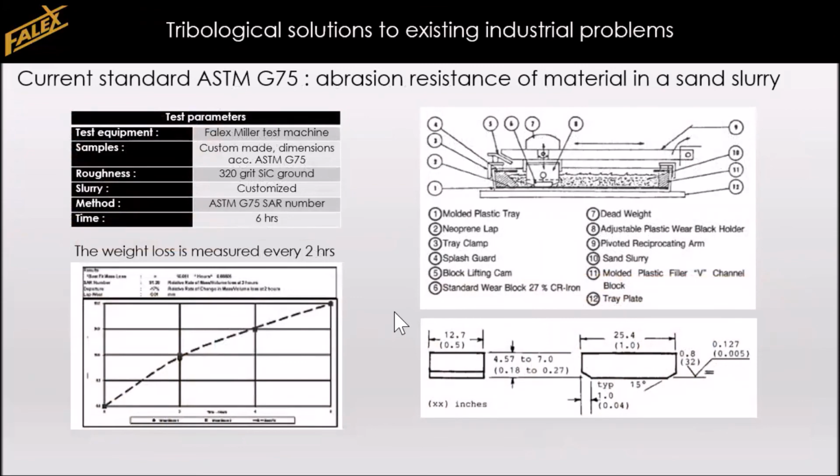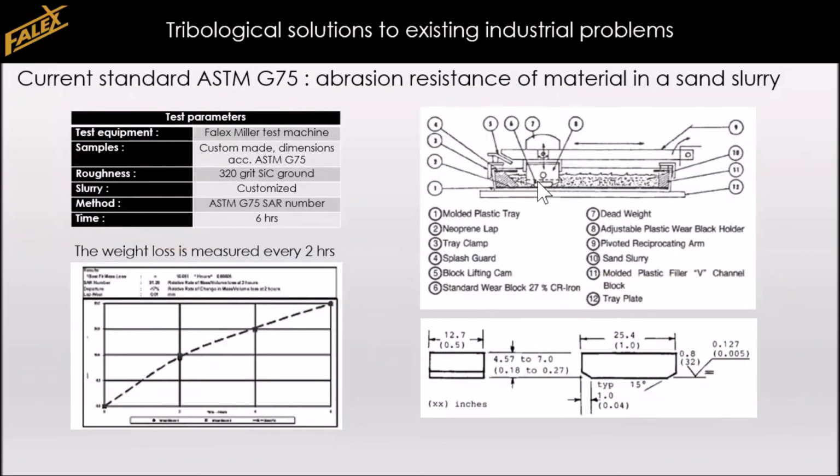So we take our inspiration from an existing method, which is the ASTM G75. It's a slurry abrasivity resistance test. And in this test, we are taking blocks of a material that we want to investigate. And these blocks are put in a moving arm, moving back and forth in a bath with a slurry.